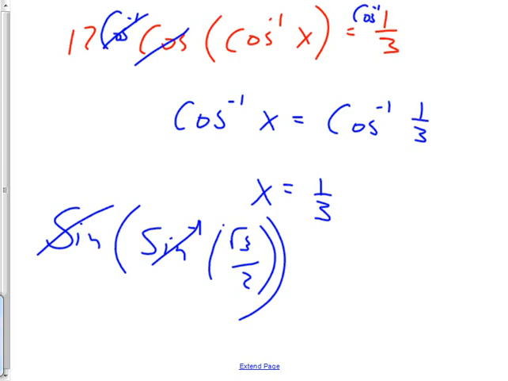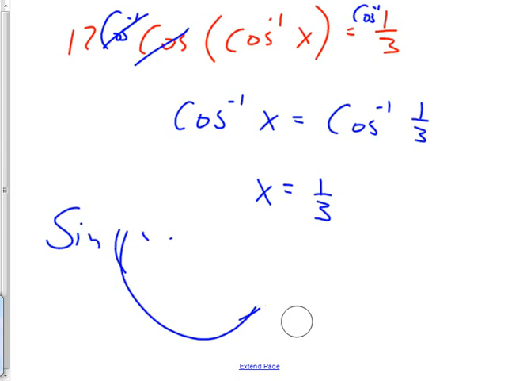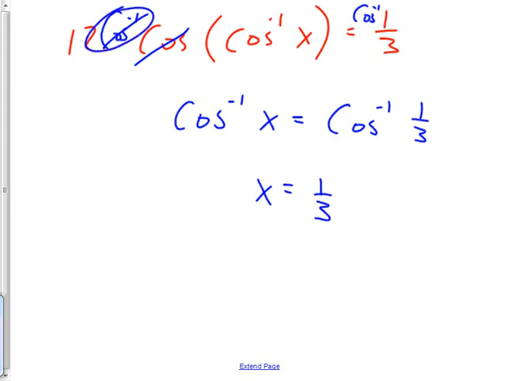For problems like that, you need to start on the inside and do the inside first, get it done, then do sine of that. Sometimes they will cancel, but sometimes they won't. So don't think that anytime you see two inverses, you can just cancel them. You will get half your problems wrong on the test. So what you can do is what I did. If you do that to both sides, then you can make these two cancel, and by logic get your answer, x equals 1/3.